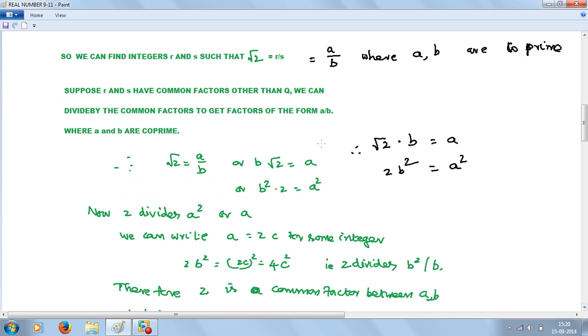Now, we are saying a and b are co-prime, so here we are saying it's co-prime, we are having separate factors. What about here? If you divide a square by b square, it is equal to 2.